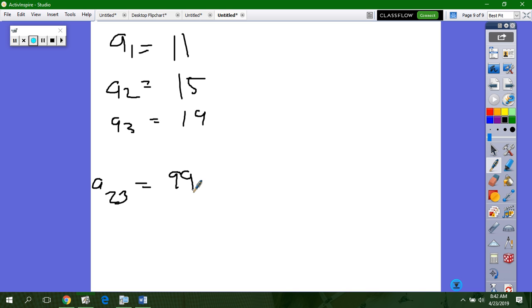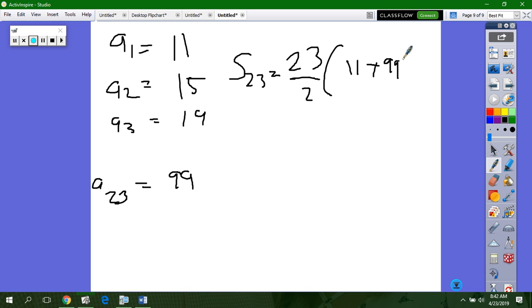So, what did we get for the first 23 rows? The sum of the first 23 rows was 23 divided by 2. Now, this time it didn't go in nicely, did it? Which is okay. Excuse me, hold on. Let me do it in a common way. 11 was our first row. We added it to our last row. So we got 110 as our sum, right?